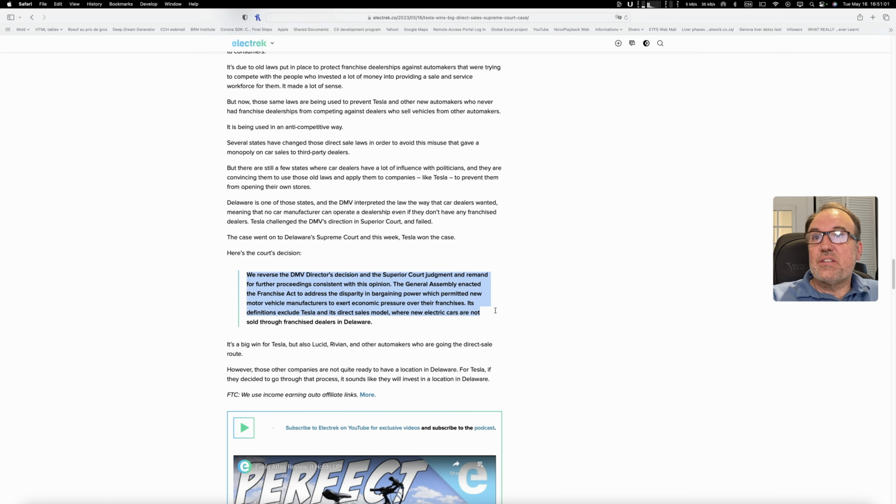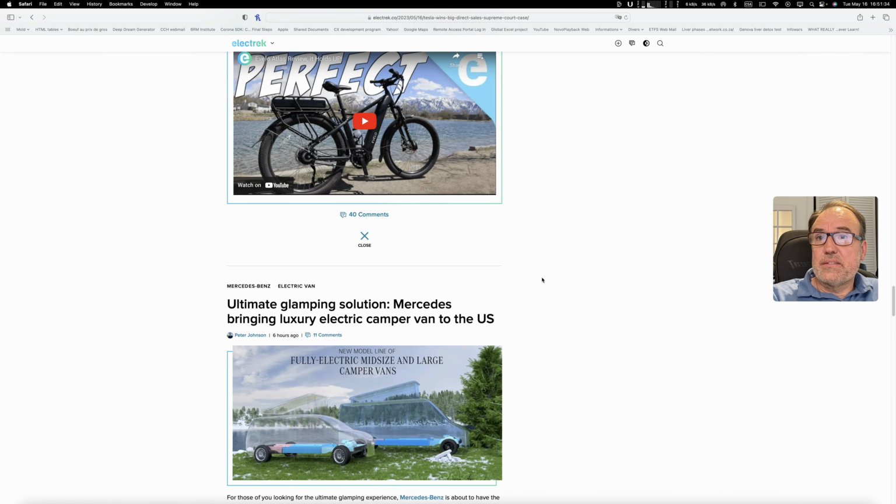Its definitions exclude Tesla and its direct sales model, where new electric cars are not sold through franchise dealers. This act was there to protect current franchisees and dealerships from the manufacturers. But Tesla has no franchisees. It's about time that some sense gets added to this debate.